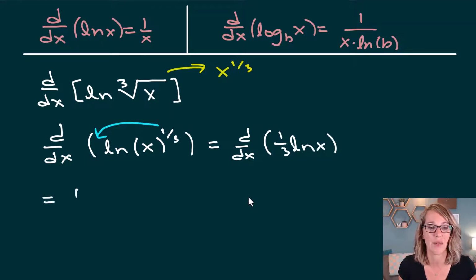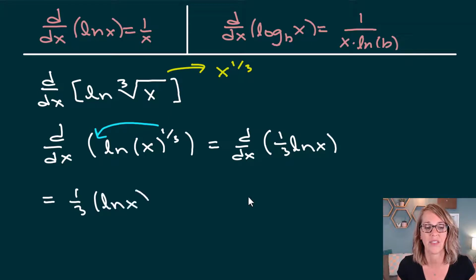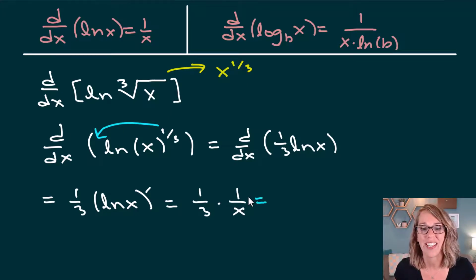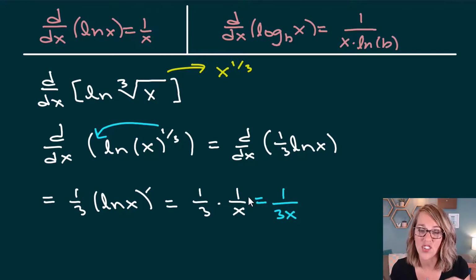I can even write it with the 1/3 out in front, and then we'll just take the derivative of the natural log. I'll put a prime notation there. Super easy. I end up with 1/3 times that derivative of the natural log, which is 1 over x, and we get our answer of 1 over 3x. Had you done the chain rule, you would come to the same exact answer.